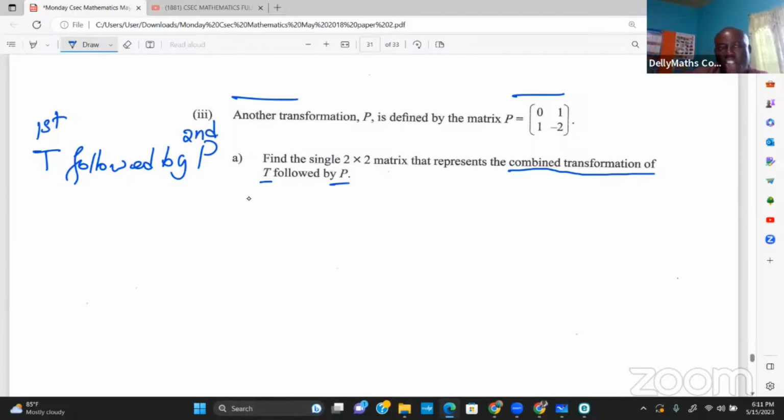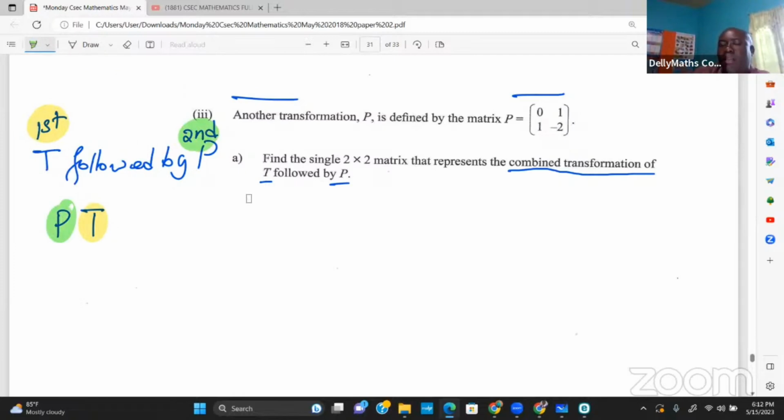Remember, you're going to have to put the first one more to the right. So what we really will be doing is PT. So remember, guys, your first will come to the right and the second one will come there. So it kind of looks contrary to what you would have done.